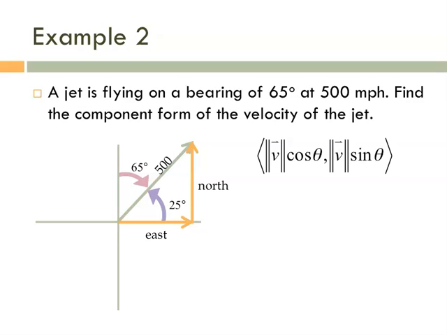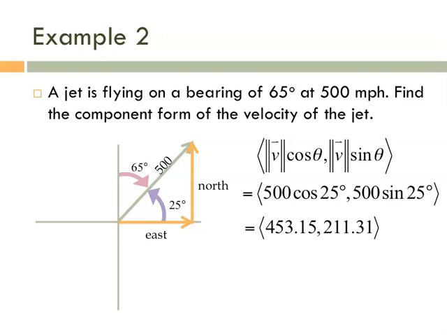The magnitude of v times sine theta is your y component. So that's 500, our magnitude, times cosine of the direction angle 25 degrees, and 500 sine of 25 degrees. Plug that into your calculator, and we end up with 453.15, comma, 211.31. It's just asking for component form in this example, and so that's all you need for your answer.